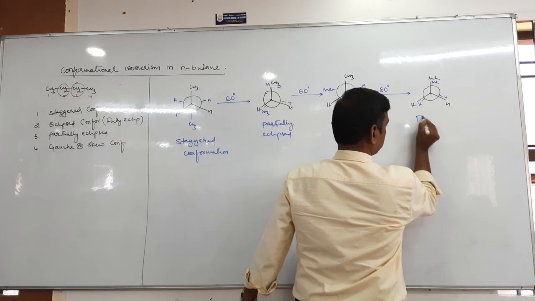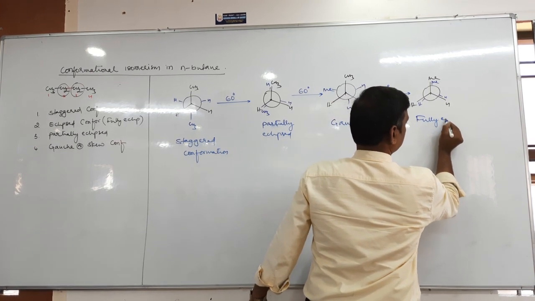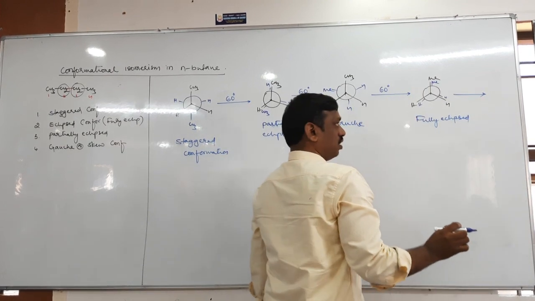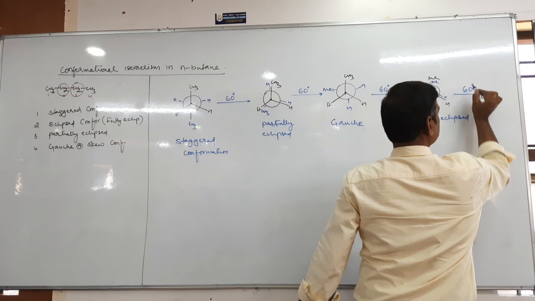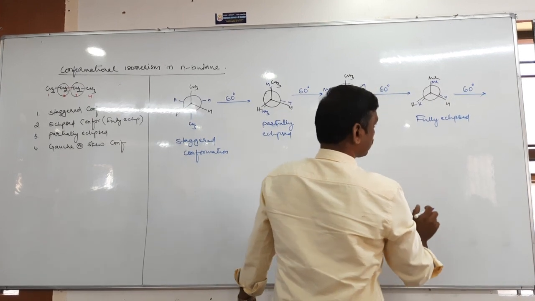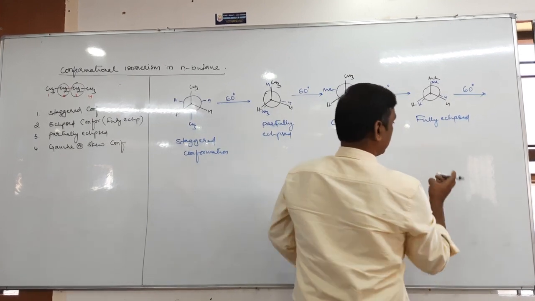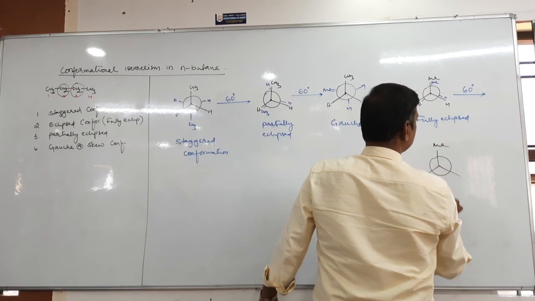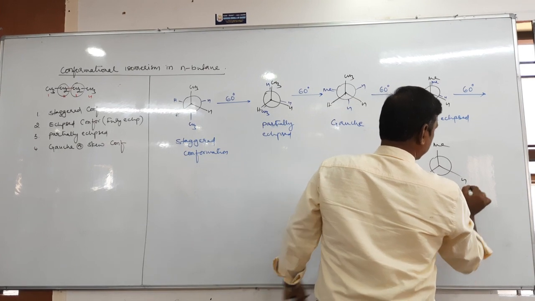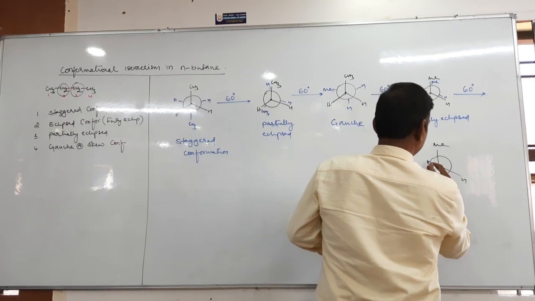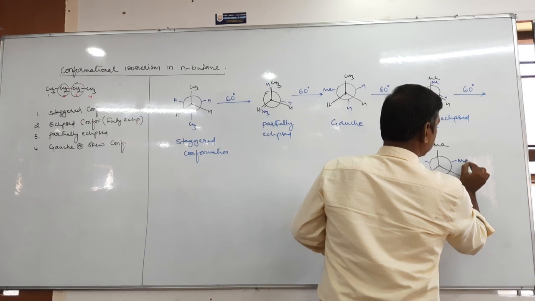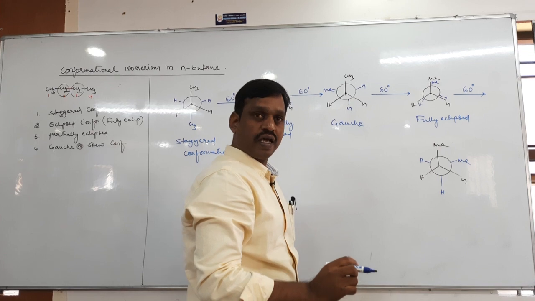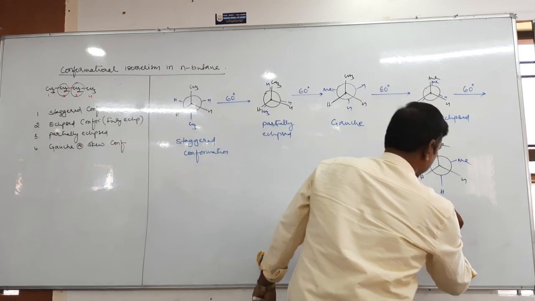Then rotate this fully eclipsed again 60 degrees. What do you get? The front carbon has methyl and hydrogen in the same position, and the back carbon methyl comes here. Again this is skew or gauche.